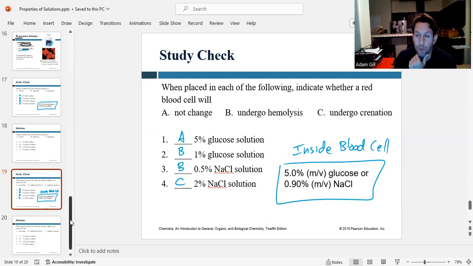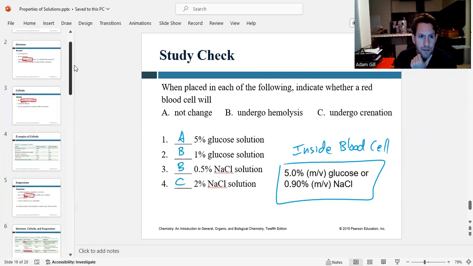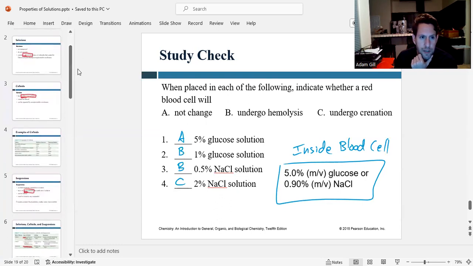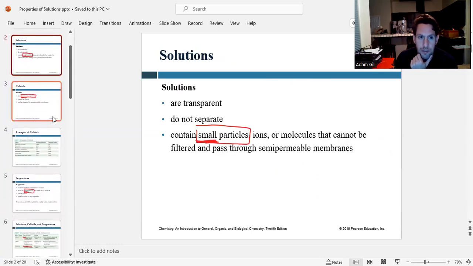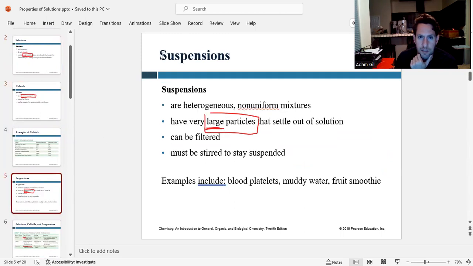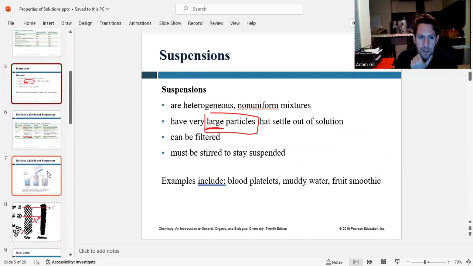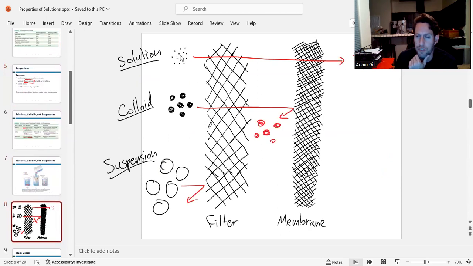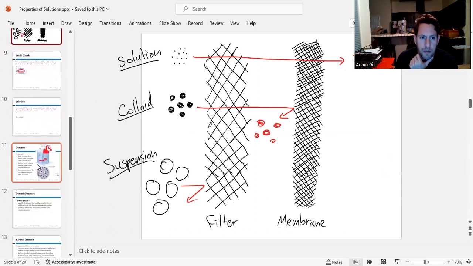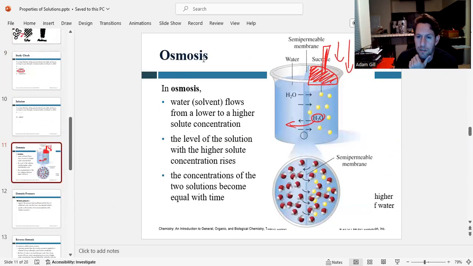All right, so to recap this video, we talked about solutions, colloids, and suspensions, and that's based on particle size. Solutions are tiny, colloids are medium, and suspensions are very large particles. Osmosis is the movement of water molecules from a region of low solute concentration to a region of high solute concentration across a semipermeable membrane.